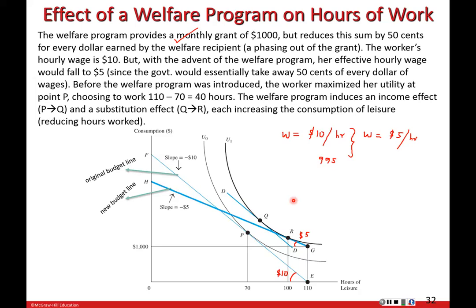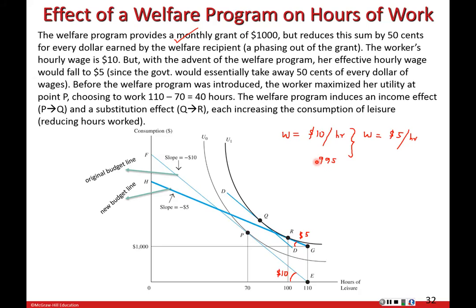Well, that's because of this provision that every dollar of earned income is going to cause the cash grant to reduce by 50 cents. What that does, as I mentioned, is that causes the effective wage to reduce by 50%. Right? So with a lower wage, leisure is cheaper. Remember, the price of leisure is the hourly wage. Right?